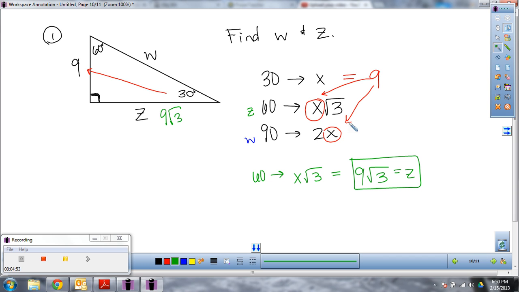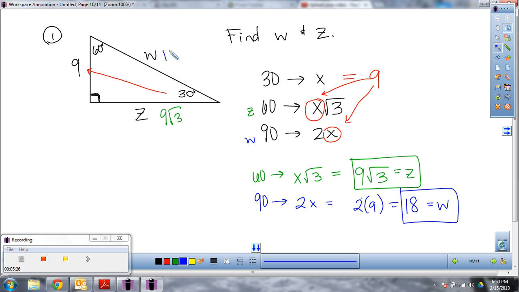Now we can again substitute 9 in for x to help us find our 90-degree measure, or our W. 90 is represented by 2 times x. We know that x is 9 because it was across from the 30 degrees. So we have 2 times 9, which is 18. So we have also found our W, or the measure across from the 90-degree angle.